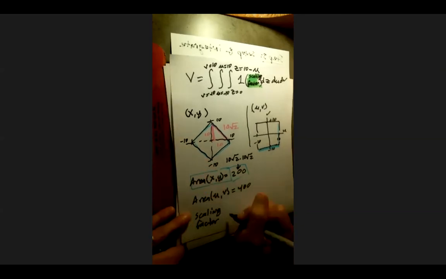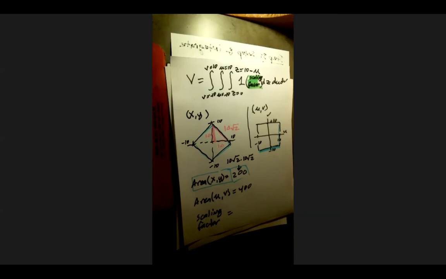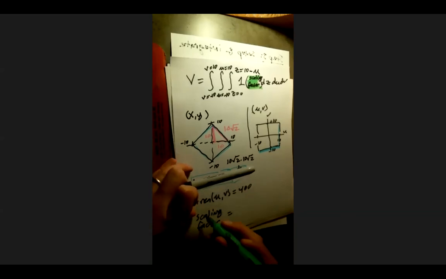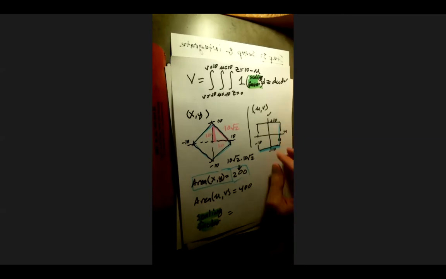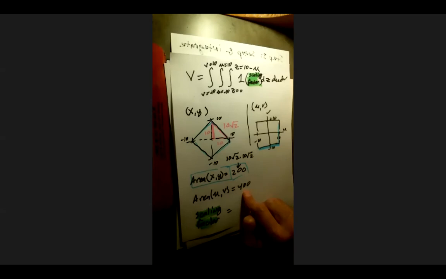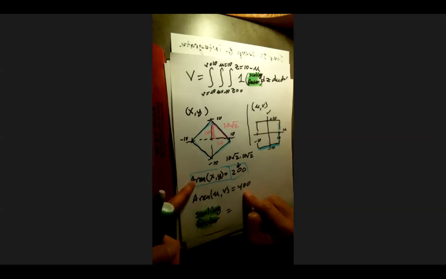Where are we ending up? Are we ending up in an XY world, or in a UV world? In a UV world where the area is 400, right? The scaling factor will be half. Exactly, but we started with XY, so we got to keep everything equal.